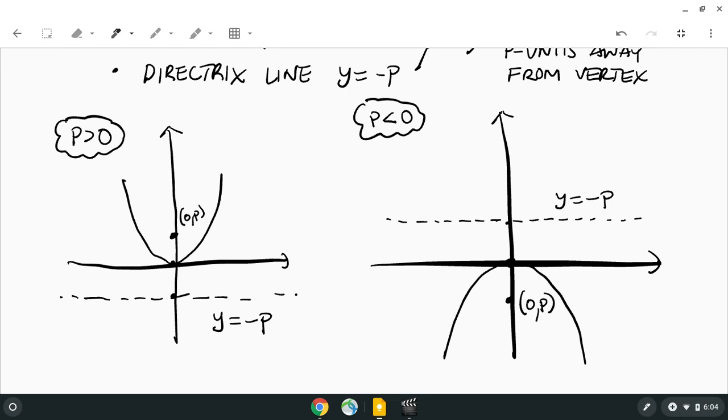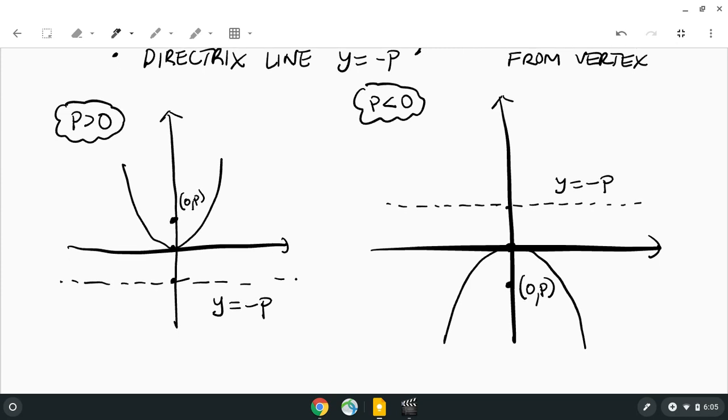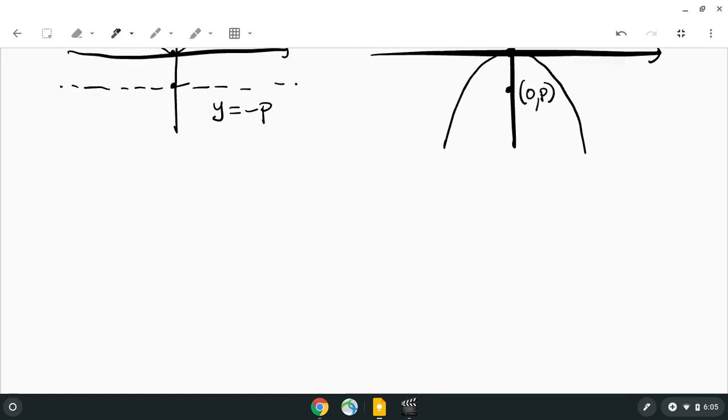So far in this class, we've only focused on parabolas that open upward or downward. So now in this section, we're also going to take a look at parabolas that open sideways. Okay, so here, in this case, the y is the one that's being squared and not the x.